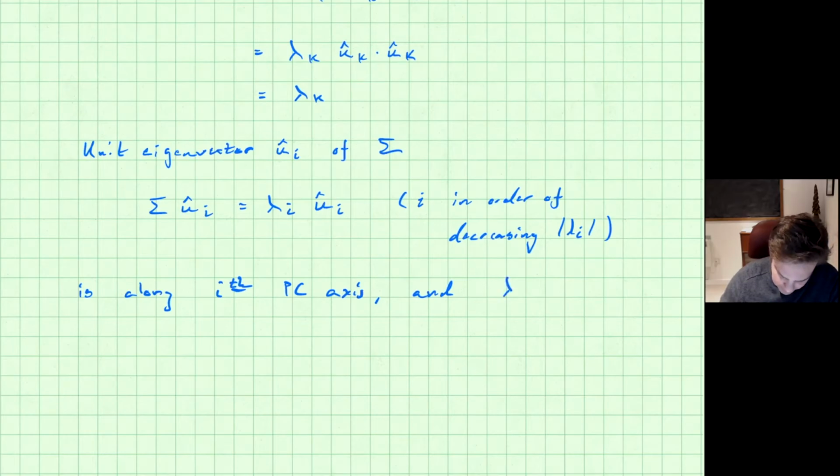And lambda i is the variance of the data along that axis.